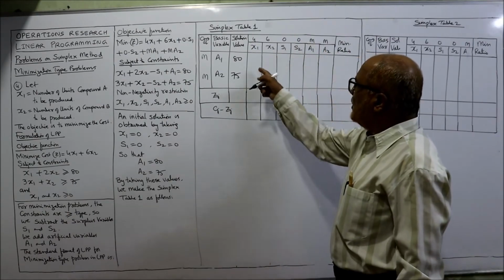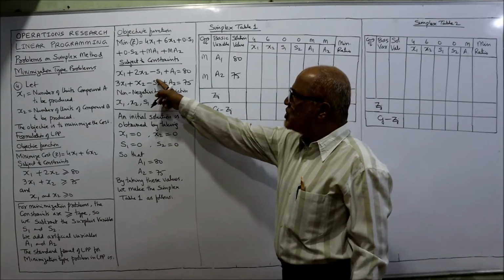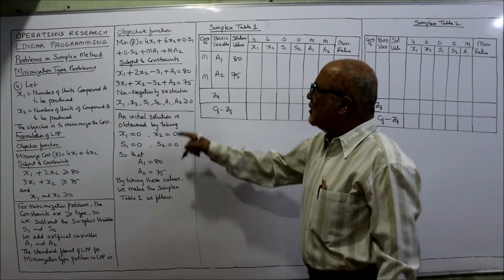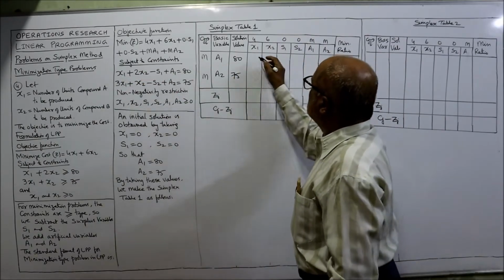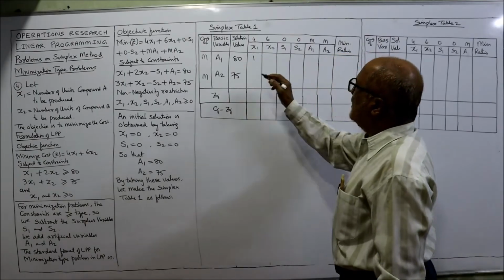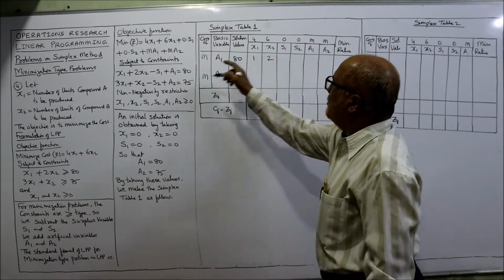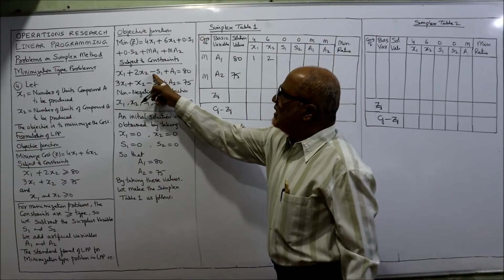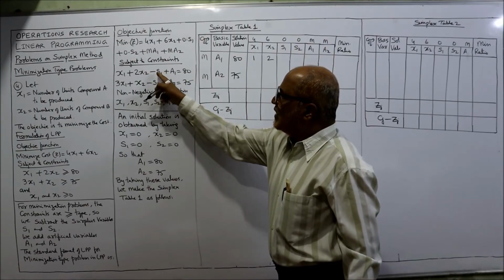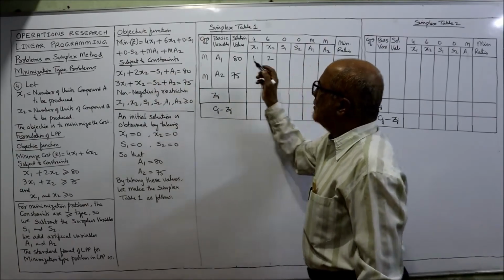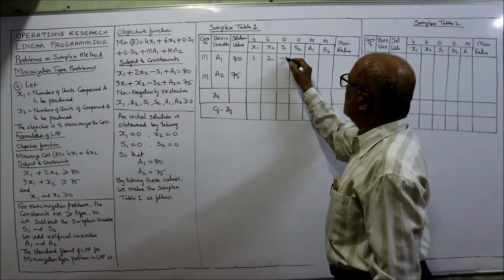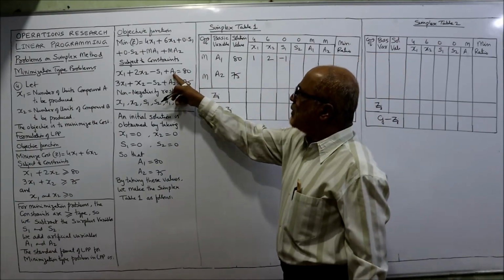Now, for the body of this matrix, we take the coefficients of the constraints. The coefficient of x1 is 1, so I am writing 1 here. Then x2 is 2. S1 is minus 1, so S1 is minus 1. And A1 is plus 1.